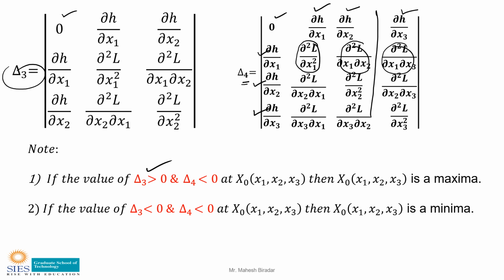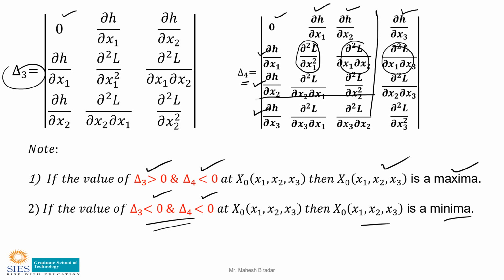If delta 3 is positive and delta 4 is negative, then we can say that z is maximum at the point x0. If delta 3 is less than 0 and delta 4 is also less than 0, meaning both are negative, then we can say that x0 is a minima.